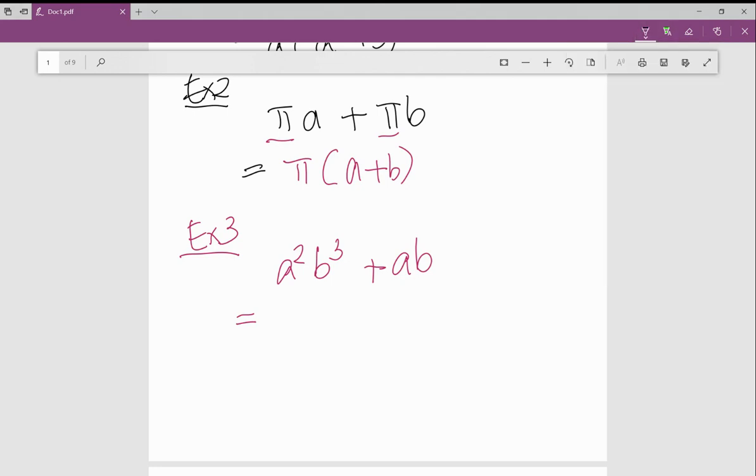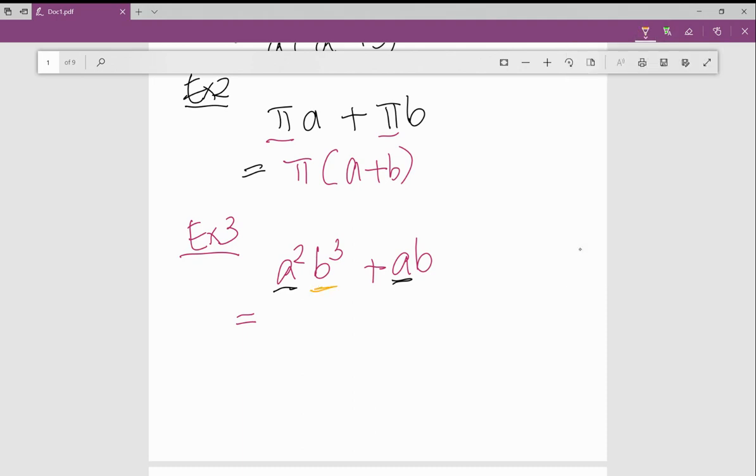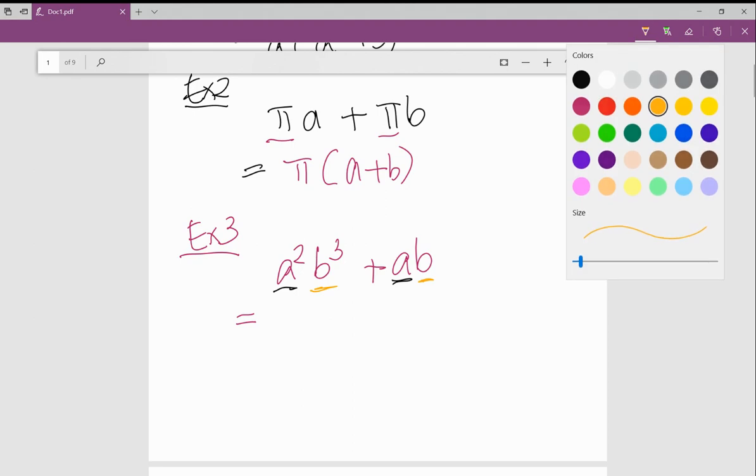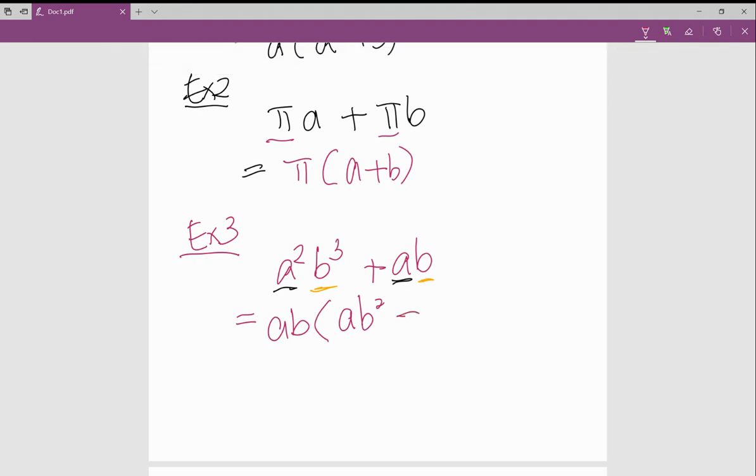I can see there's a here, and I can see that we have b here and b here. So you can bring a out and you can bring b out. If I bring one a out of a squared, I'm left with a. Out of b cubed, if I bring one b out, I'm left with b squared. If I bring ab out, I'm left with 1.